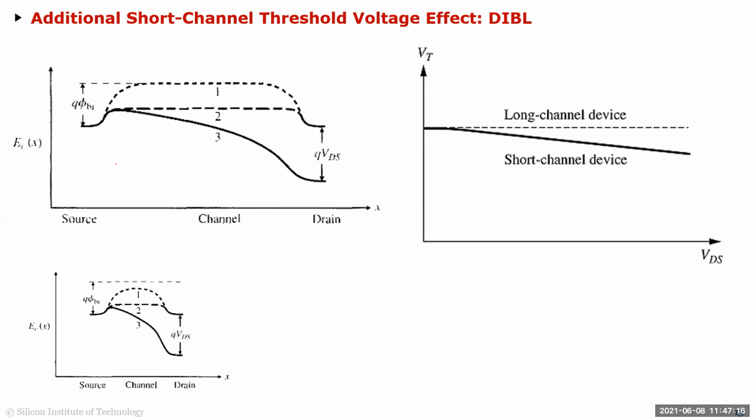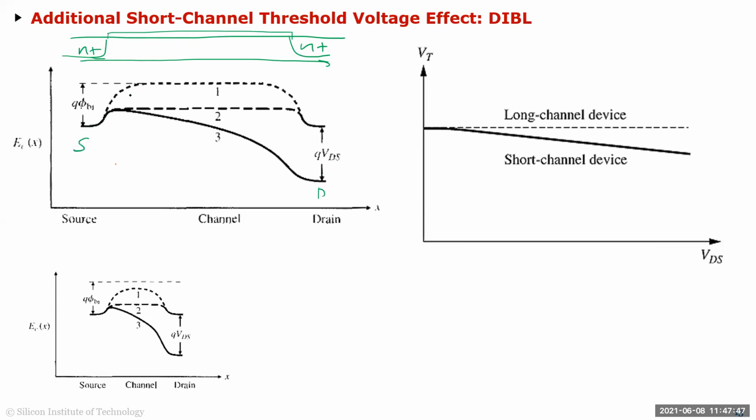What I've shown you here is, if I draw the channel here, let's say this is an NMOS, the conduction band of an NMOS as you travel from the source to the drain. This is the source side, this is the drain side.